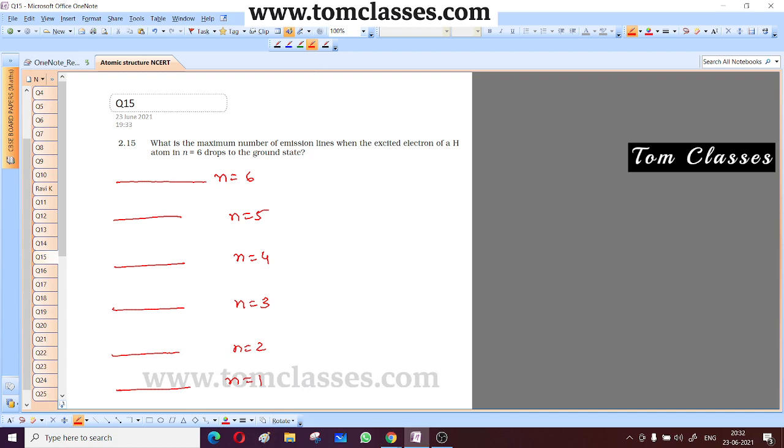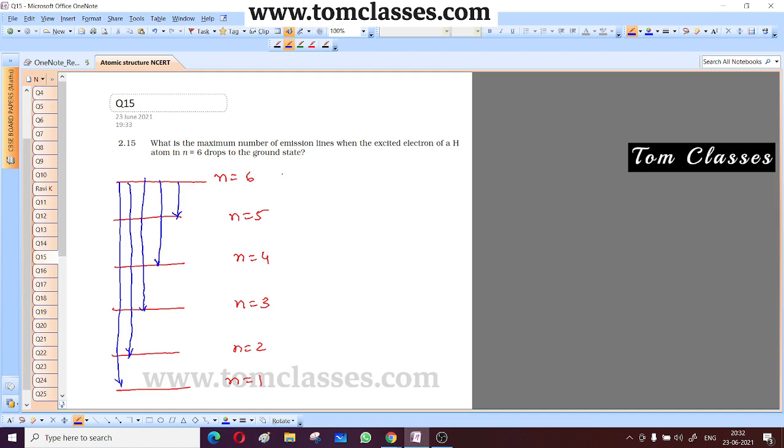Now let's see. If the electron is here, it can jump from 6 to any of these orbits. So 6 to 5 it can come, 6 to 2, 6 to 3, 6 to 4, and 6 to 5, right?